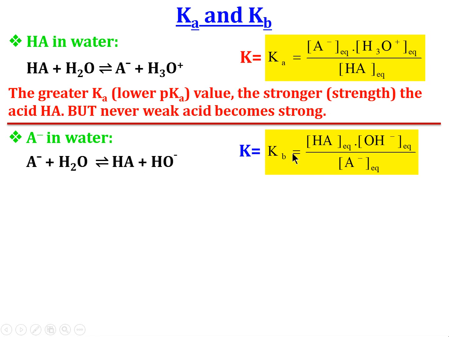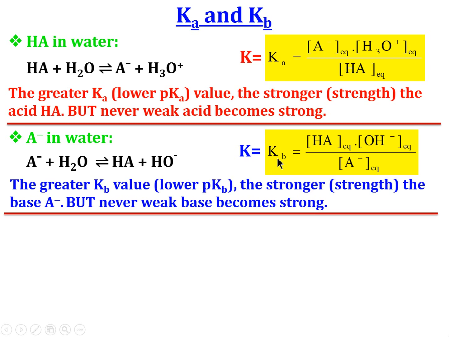Since K is directly proportional to the OH minus concentration, K is an indication about the basicity of a solution. We note it Kb, the basicity constant.